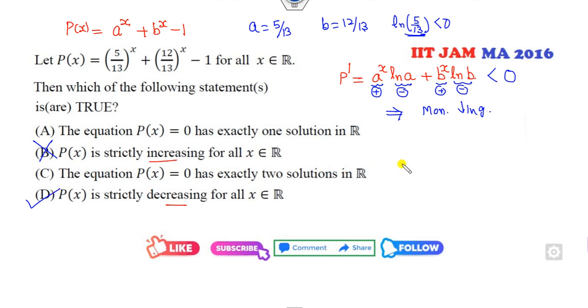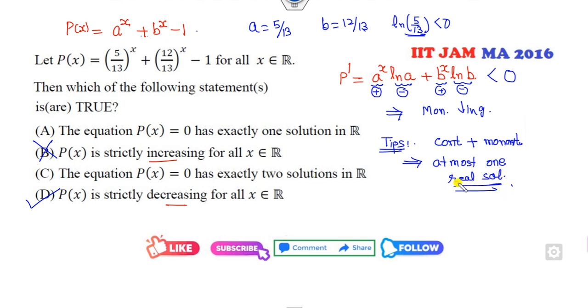Now, exactly one solution and exactly two solutions. Fine. So clearly this is a continuous function. And you proved that it is a monotonic function. So what does it mean? What is the theorem? If the function is continuous and monotonic, then it has at most one real solution.